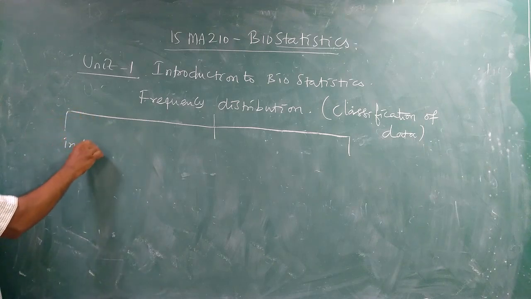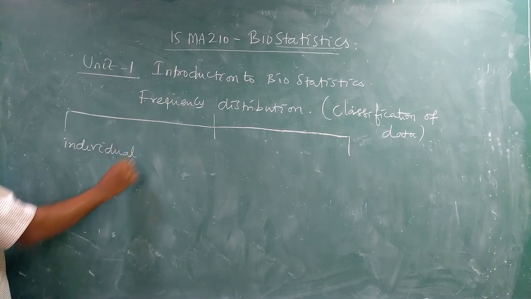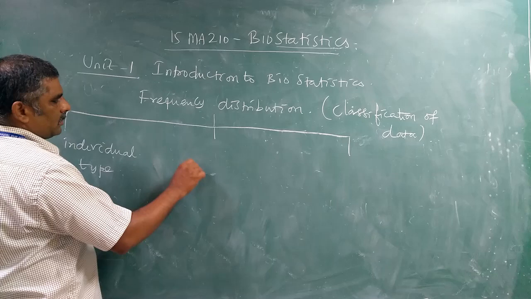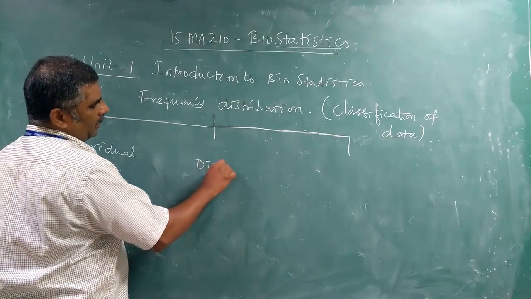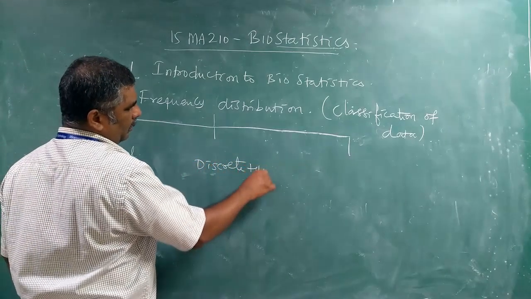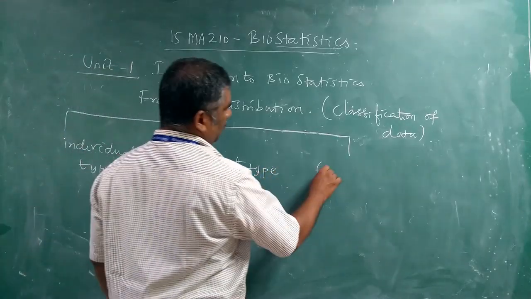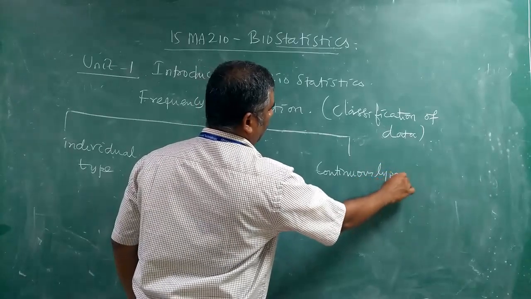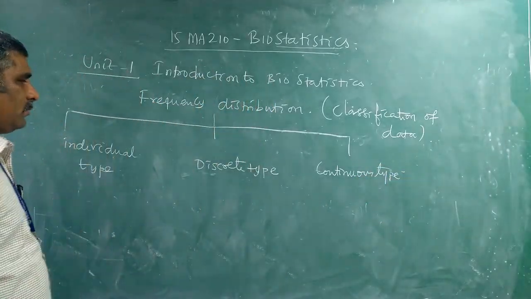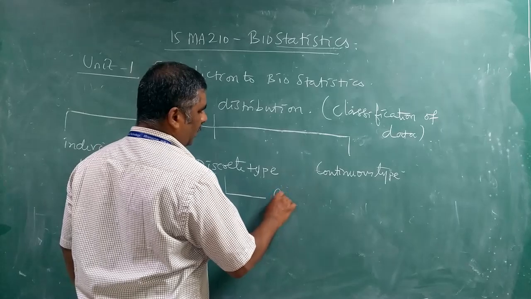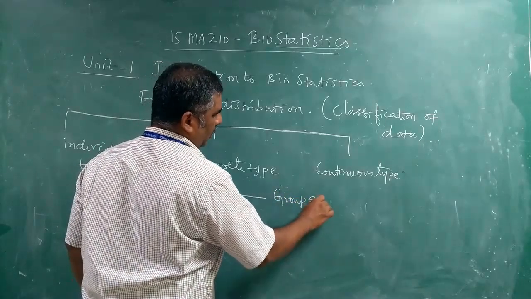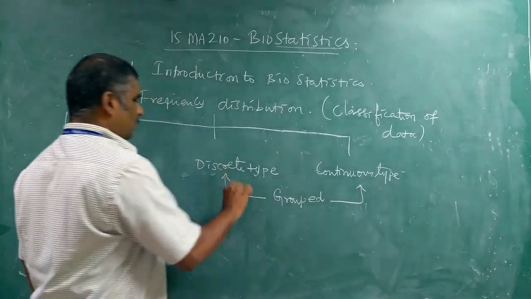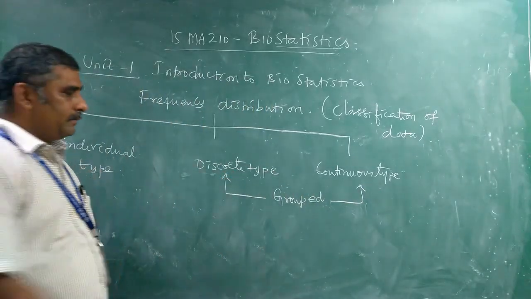One is individual type data. Second one is discrete type data. Third one is continuous type data. The discrete type data and the continuous type data are known as grouped data.